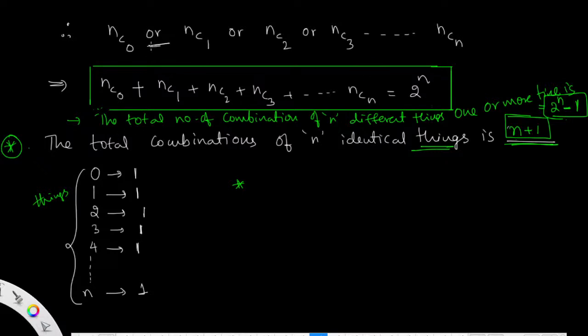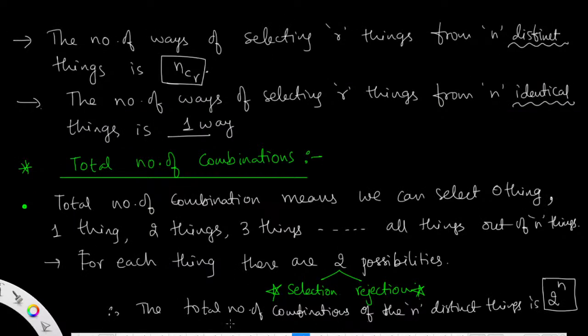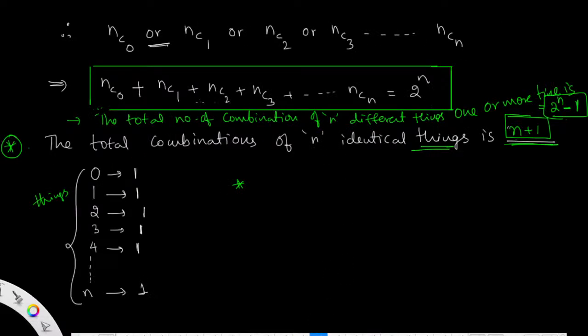The word 'or' we can write as a plus symbol, and 'and' as a multiplication symbol. Then nC0 plus nC1 plus nC2 plus nC3 plus nC4 up to nCn equals 2 to the power of n. We just learned that the number of combinations of n distinct things is 2 power n, so all the collections together give 2 power n.